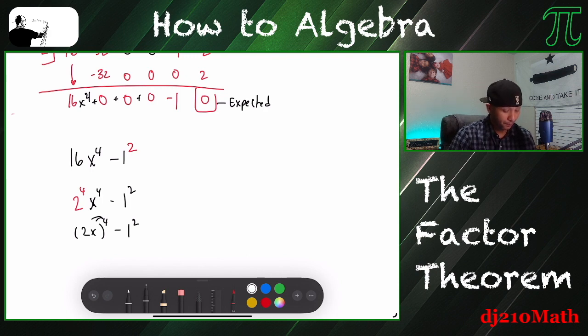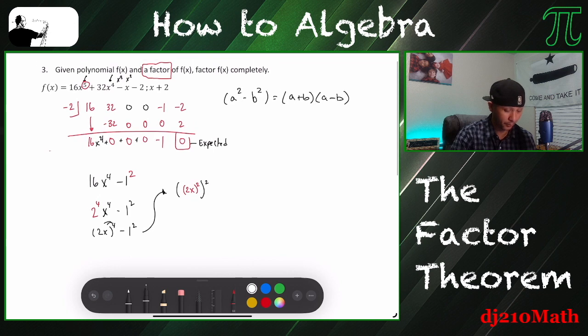Okay, but I need it to be squared. So we can use exponent properties that a power raised to a power, you multiply. So basically, I want a power of 2. So 2 times what will give me 4? And the answer is 2. So what I'm saying is that this can be rewritten as (2x squared) squared. And now the part in red, this is my a value that we're looking for up here.